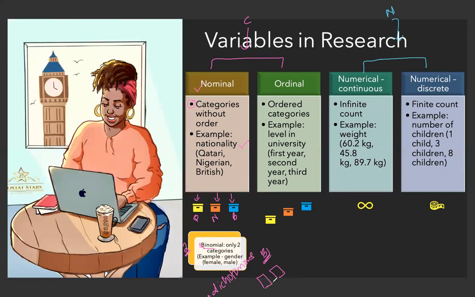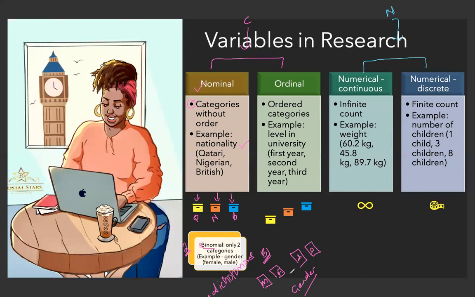An example of a binomial categorical variable is gender. When you're measuring gender, there's really only two choices. You're either male or you're female. There's really no other box. So this is a good example of a binomial categorical variable. Another one, when we're talking about medical studies and you're doing research, is that you could want to measure something like dead or alive.